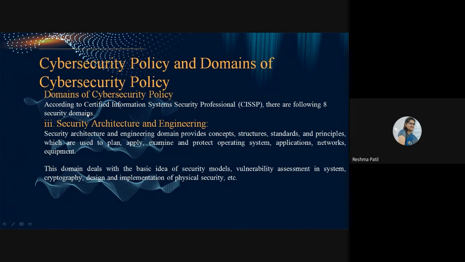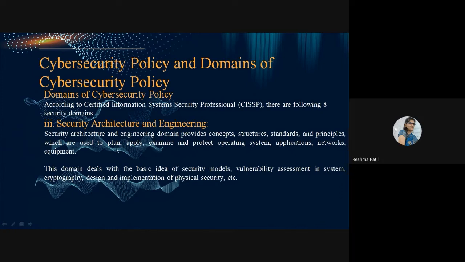Third is security architecture and engineering. This is the third domain, security architecture and engineering. What will it contain? This domain provides concepts, structures, standards, and principles which are used to plan, apply, examine, and protect operating systems, applications, networks, and equipment.